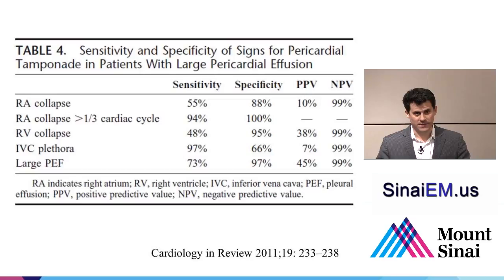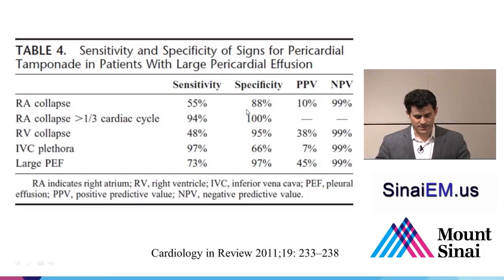So this is a table published from Cardiology in Review in 2011, demonstrates some of the findings of pericardial tamponade. So right atrial collapse, right ventricular collapse, IVC plethora, and pericardial effusion are some of the most important signs.